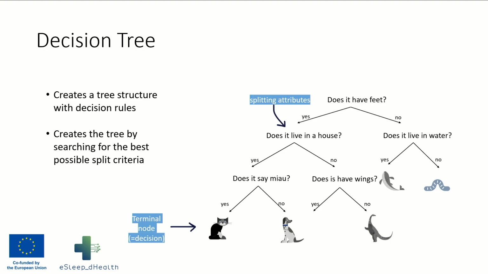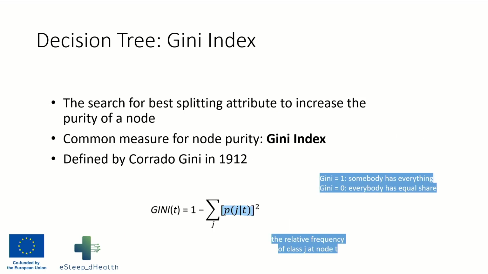What is that? The way to find the best splitting attribute is to look at the distribution of the data at every node. So we're trying to measure the purity. And a common measure of node purity is the Gini index or Gini coefficient. And it was defined by Corrado Gini in 1912.